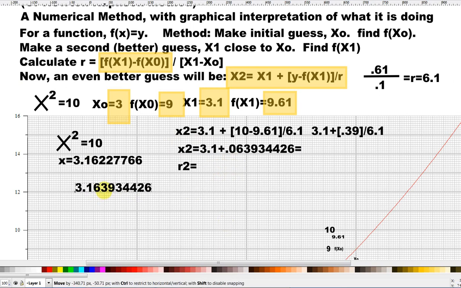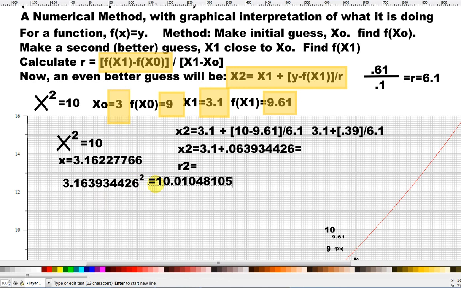Let's figure out what that is. f of x2 actually. Square this. Let's see how close we get to 10. And what we get there when we square it equals 10.0104810.5. Now I'm going to use a ridiculous number of decimal places here because our goal is to get this to be very, very accurate.